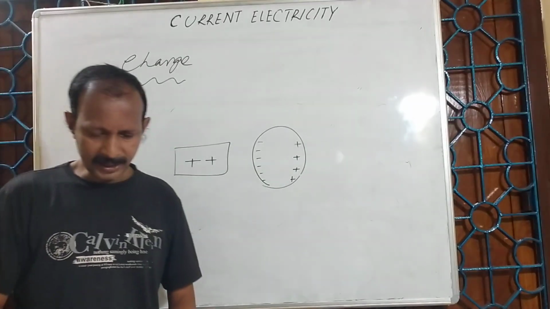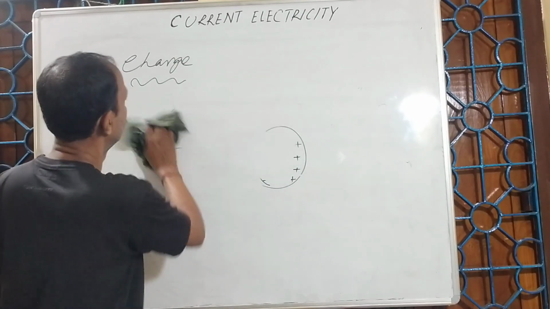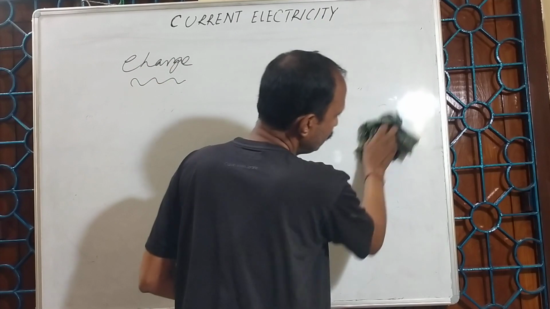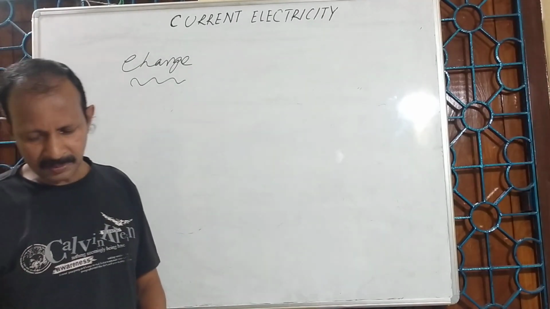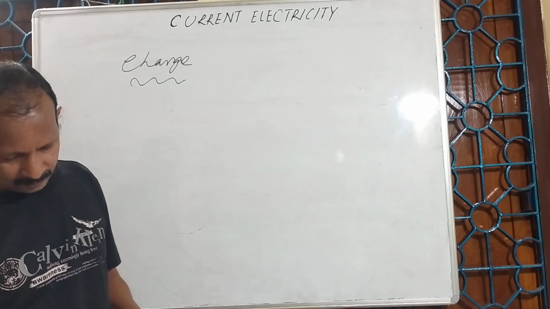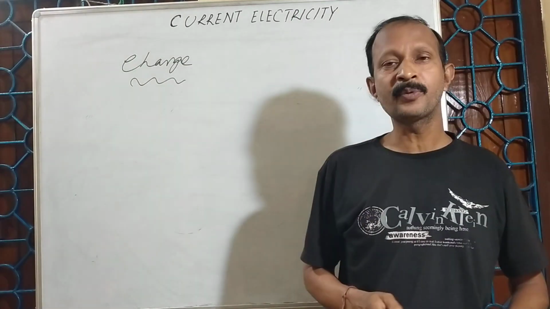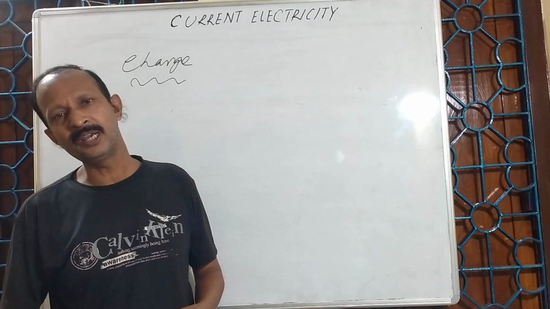So I can say that there are two types of charges. One is positive charge, one is negative charge. And it is the fundamental property of every object or every body.